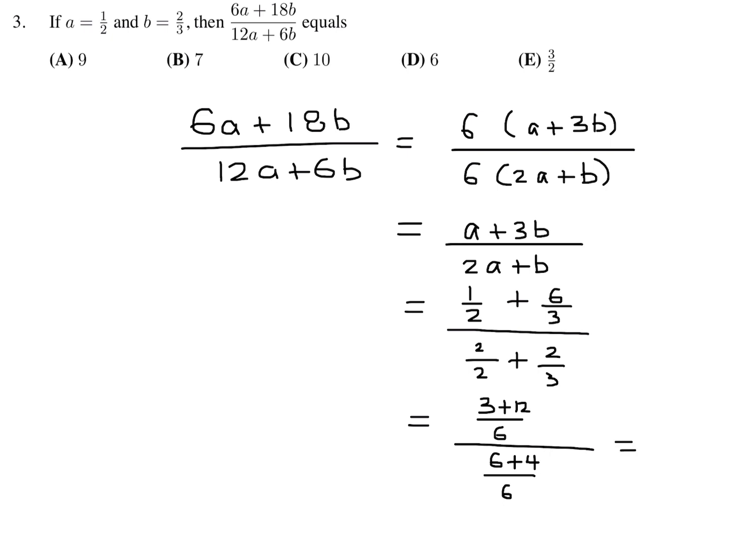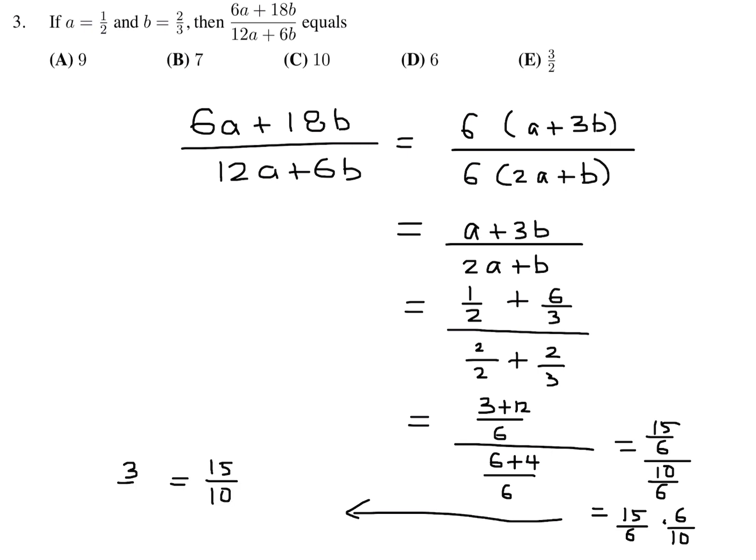So this is 15 over 6 over 10 over 6, which is invert and multiply, and you get 15 over 6 times 6 over 10, and that is just going to be 15 over 10. And in lowest terms, that's 3 over 2. So number 3, the answer is E.